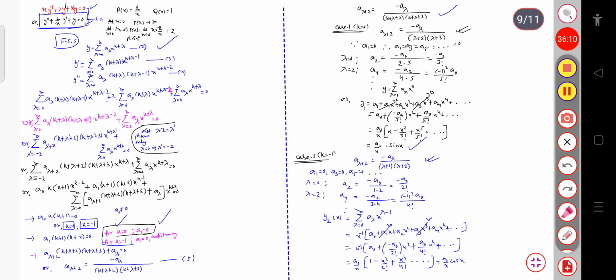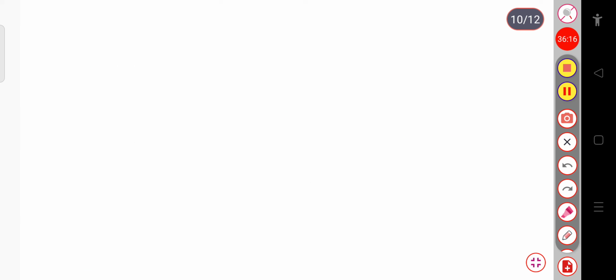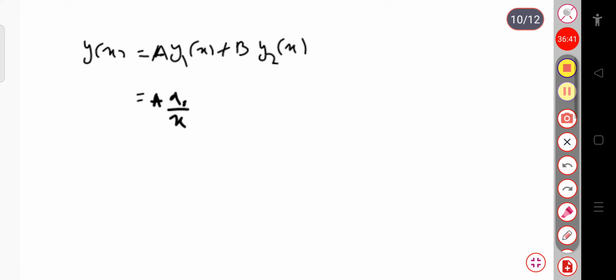So finally we can write the total solution of the equation: y of x equals an arbitrary constant a times y1 of x plus b times y2 of x, where y1 is a0 by x into sin x and y2 is a0 by x into cos x.